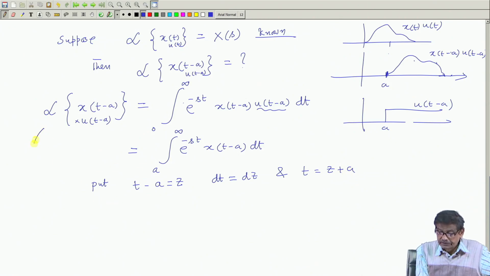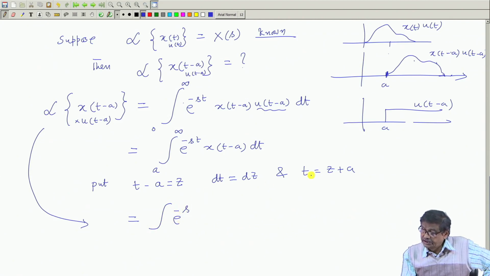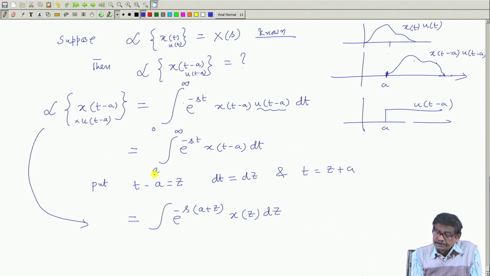So, this becomes e to the power minus s, and for t you write a plus z, into x(z) dz. And what will be the limit? When t equals a, z is equal to 0, and when t equals infinity, z is equal to infinity.